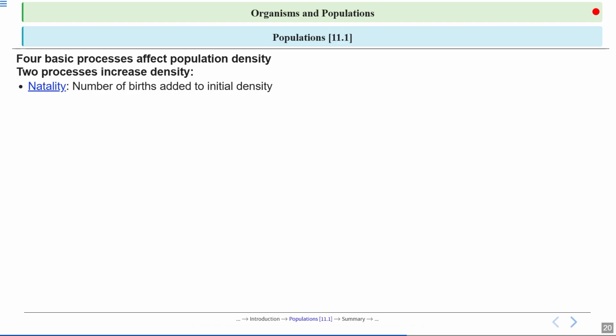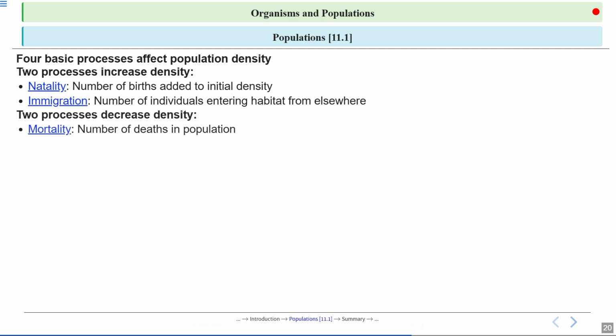It is like adding new members to a community. Then you have immigration, which also increases the population density. Immigration means individuals enter a habitat from elsewhere. Clear? So the number of individuals entering a habitat from elsewhere will also increase the population density.